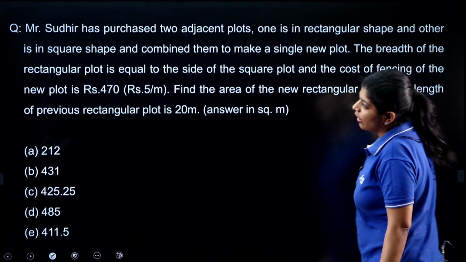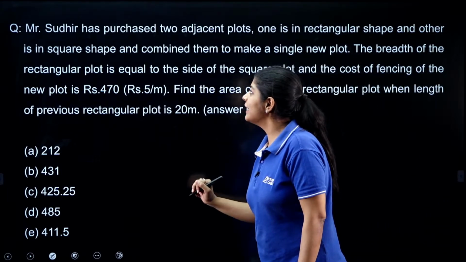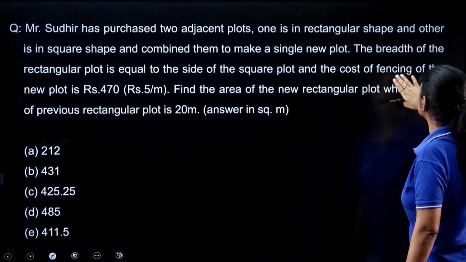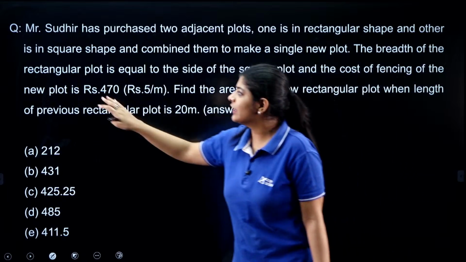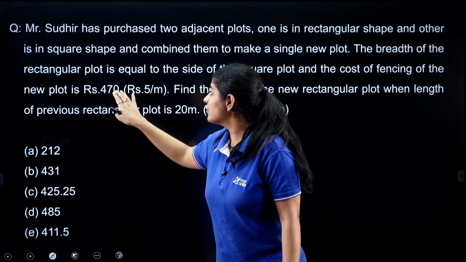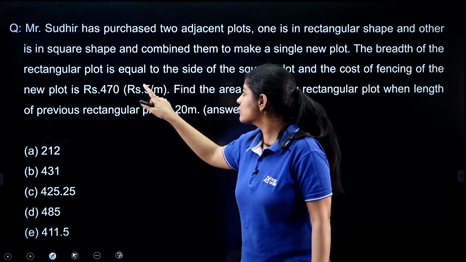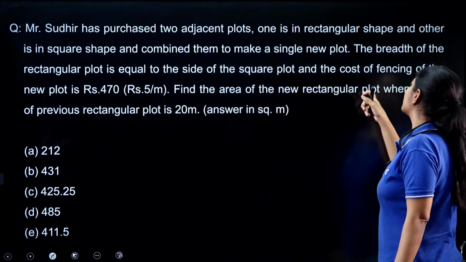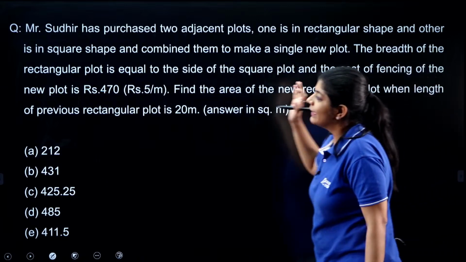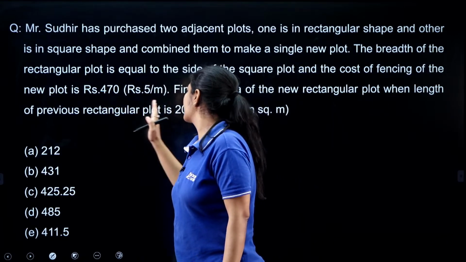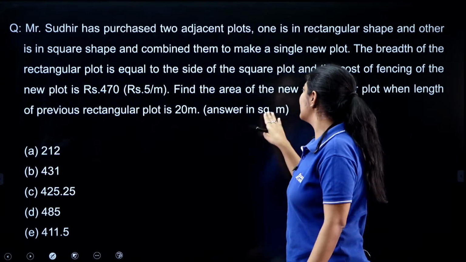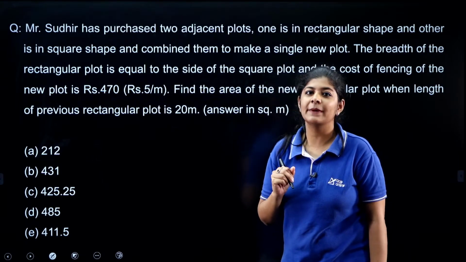The breadth of the rectangular plot is equal to the side of the square plot, and the cost of fencing the new plot is rupees 470, at rupees 5 per meter. Find the area of the new rectangular plot when the length of the previous rectangular plot is 20 meters. We need to give our answer in square meters.